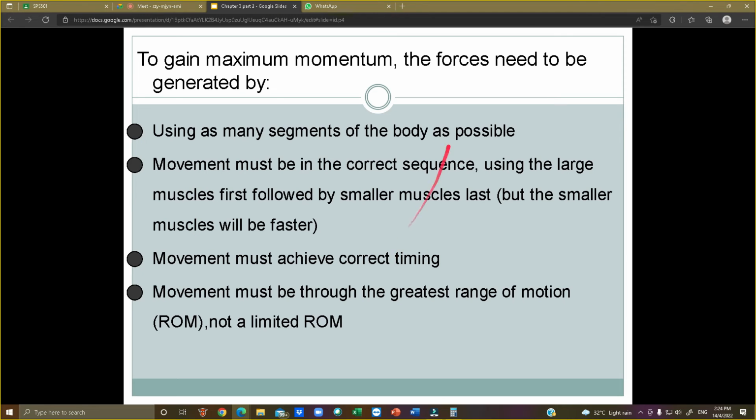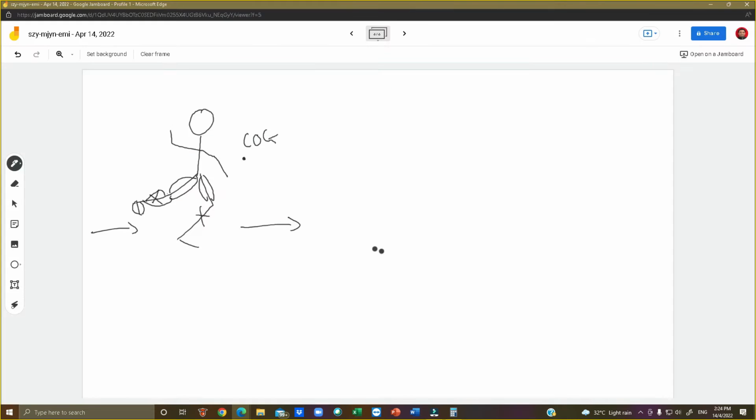Okay, correct timing, sequence and correct timing means if you try to kick with your right leg, you need to have a run up, and this run up need to be able to make you, okay, katalah ni bola, stop here by your left leg, and then only you can have your swing back and contact, follow through.